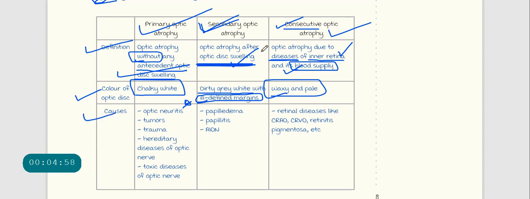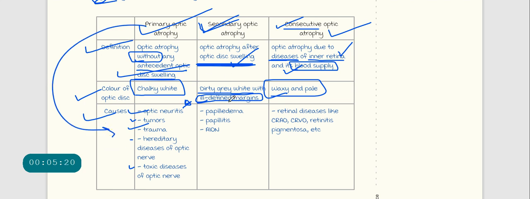What are the causes of primary optic atrophy? These are optic neuritis, very important. The next are tumor, trauma, hereditary, most common, and some toxic diseases also. These are the causes of primary optic atrophy.